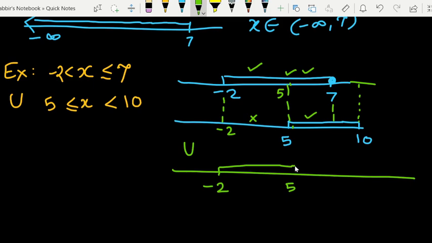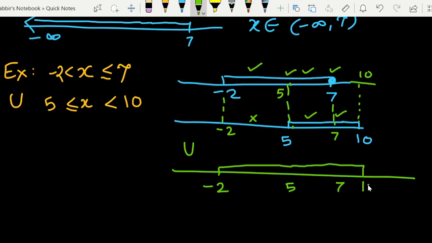So I will stretch this solution further and further till 7. Now 7 is included here and also here, so 7 is included in the solution. Now moving ahead, from 7 to 10, x satisfies the second, but there is no x in the first. So 7 to 10 also we will take, because we are taking the collection of both solutions.